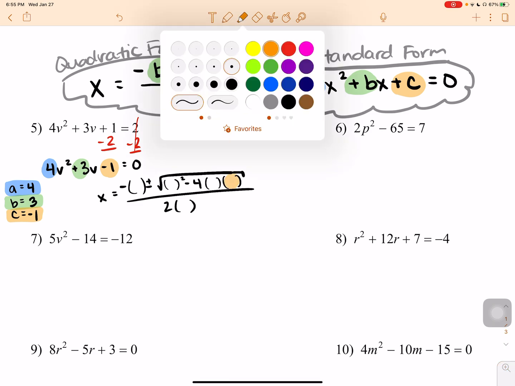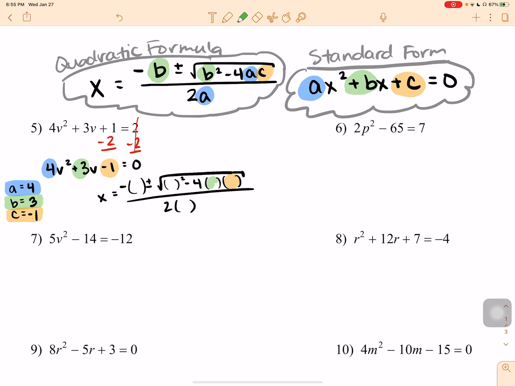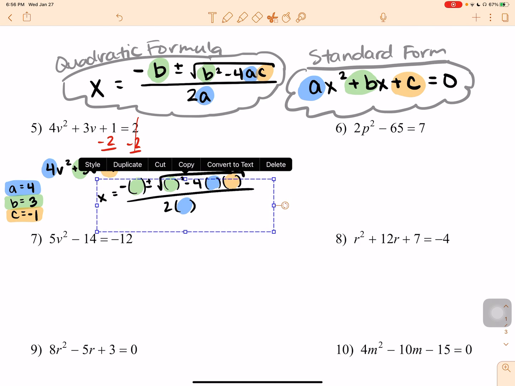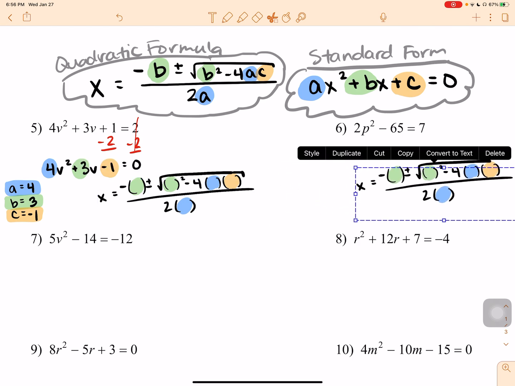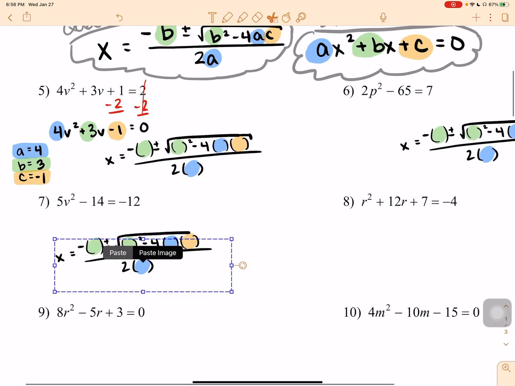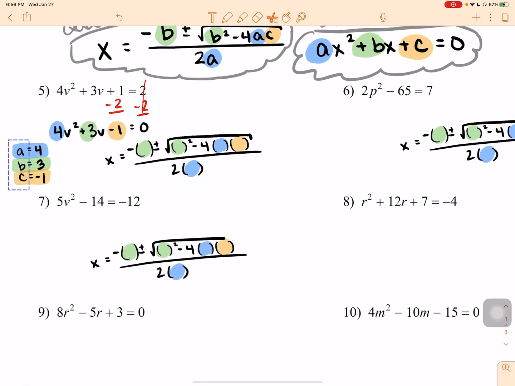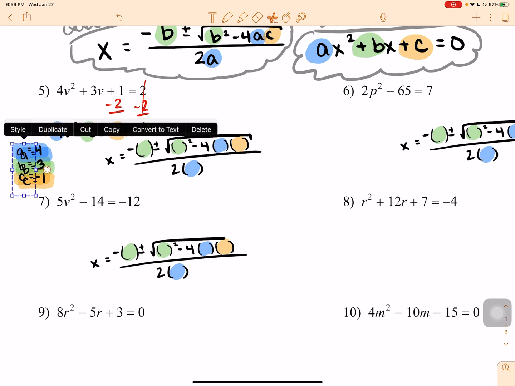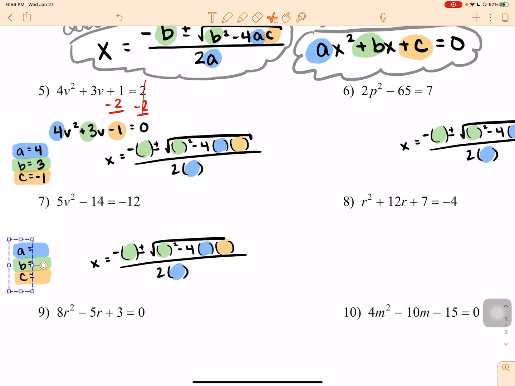So that's the C, the B is here, B is here, and A. Okay, so I'm going to make a few copies of this. Copy, paste. And this as well.